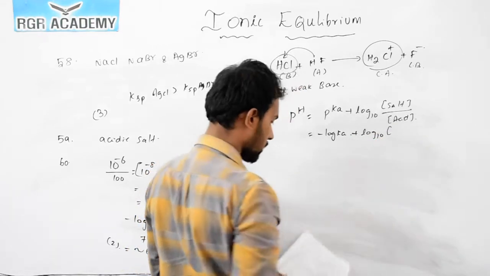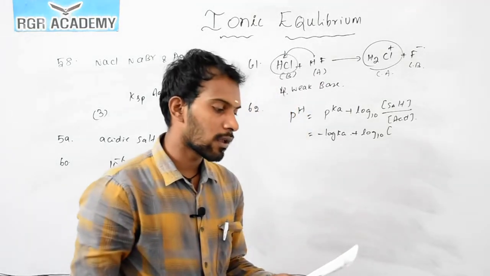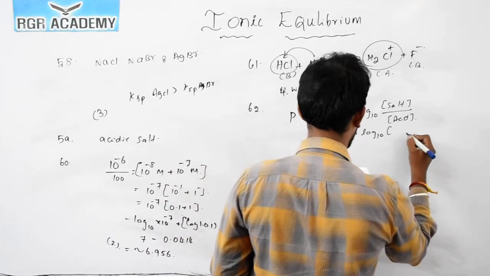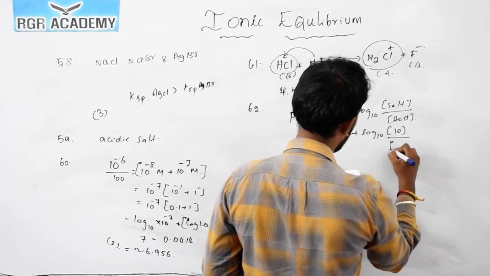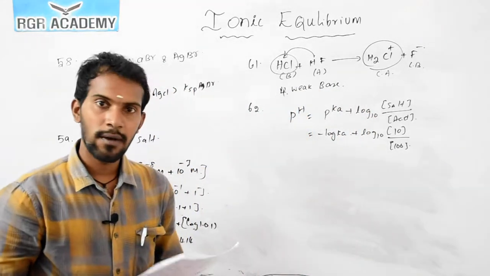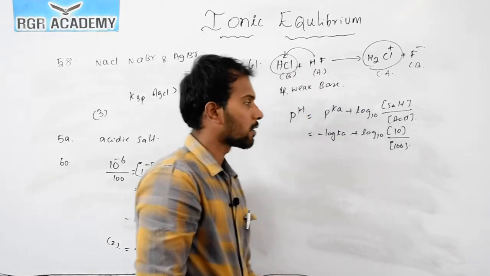So pKa we can call as minus log Ka plus log to the base 10. What's the concentration of salt? The concentration of salt they have given is 10, and the value of the acid is 100, because of 2 normality. So 50 into 2 we can multiply into 100, right?